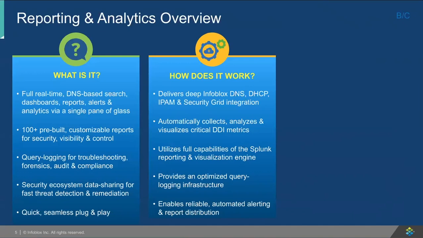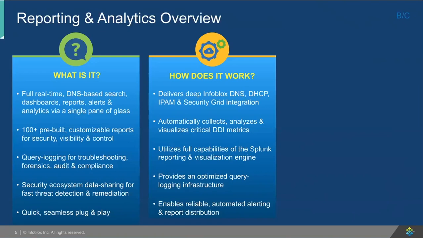Again, since we know what our data structures are and we understand how DNS and DHCP work, we are able to optimize the query logging. DNS queries generate a lot of data. If you were to build this on your own on a Splunk engine, there's just tons of log and event information that comes out.